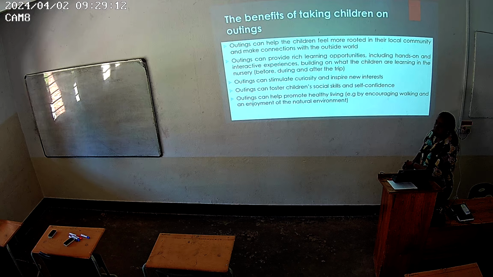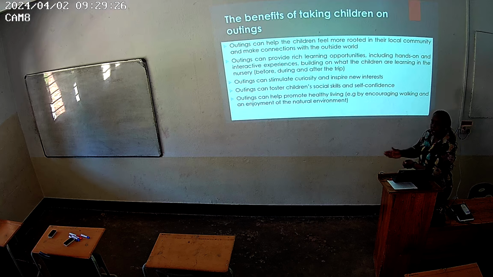At the end of the outing, you will discover more skills from the children. Some of them are very good at report writing. Some of them have had their interests shift. Maybe they wanted to be something else, but after an outing, they want to be a policeman. Those are some of the things the kids are interested in.